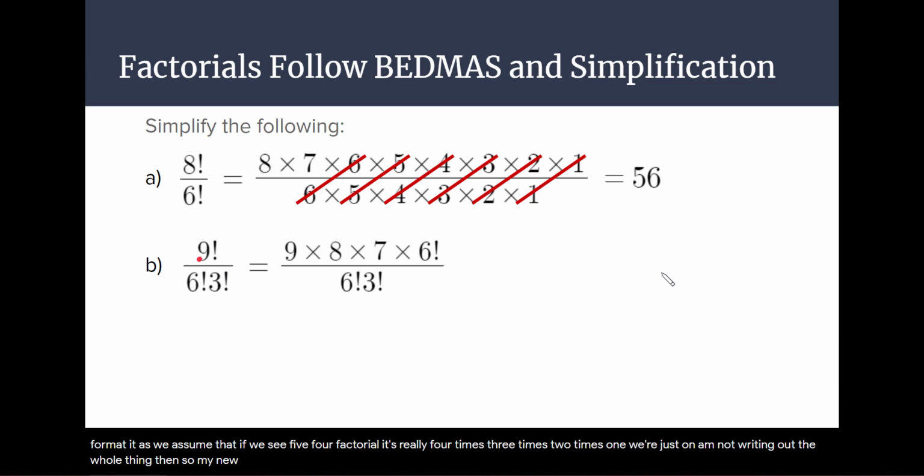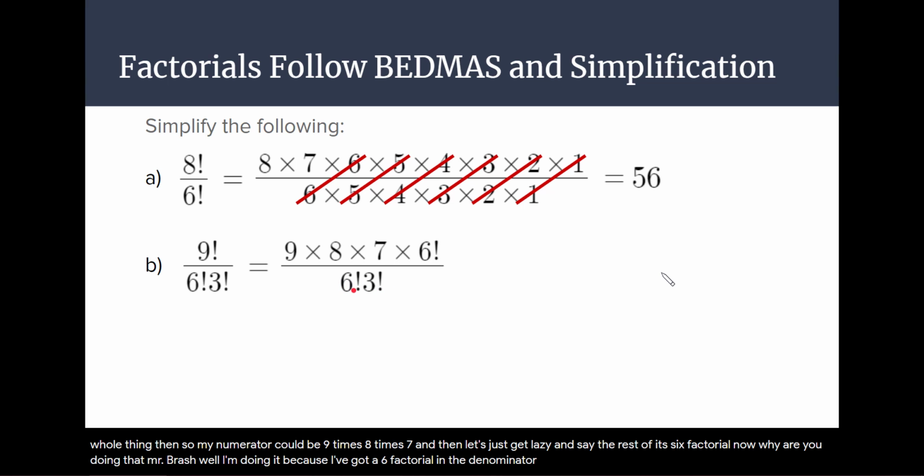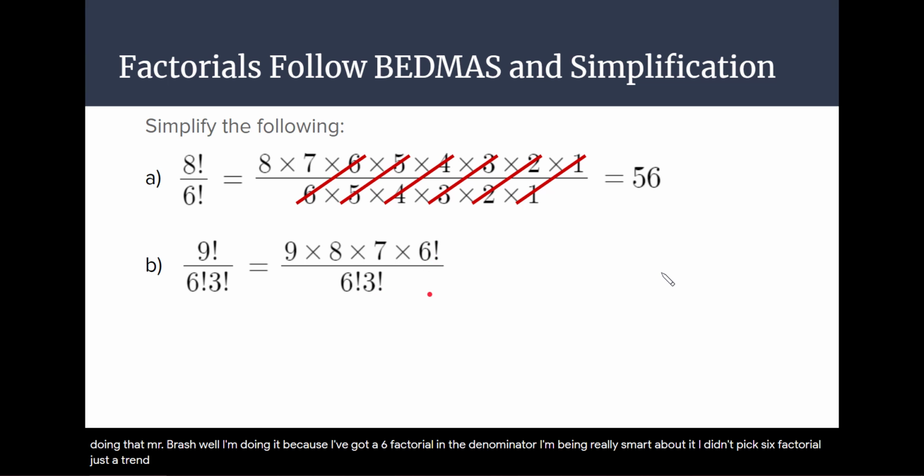And so my numerator could be 9 times 8 times 7, and then let's just get lazy and say the rest of it's 6 factorial. Now, why are you doing that, Mr. Brash? Well, I'm doing it because I've got a 6 factorial in the denominator. I'm being really smart about it. I didn't pick 6 factorial just at random. And so the 6 factorials can cancel, just like any other numbers can cancel. Because 6 factorial is 6 times 5 times 4, 3, 2, 1, and 6 factorial in the denominator is 6 times 5 times 4, 3, 2, 1.